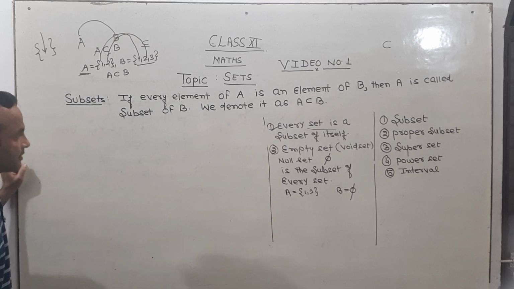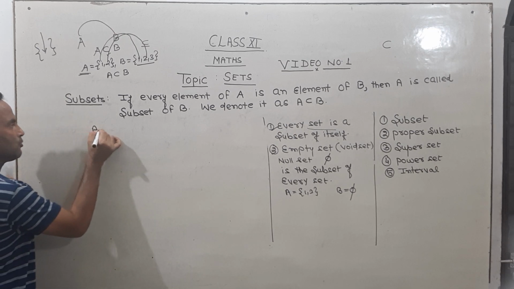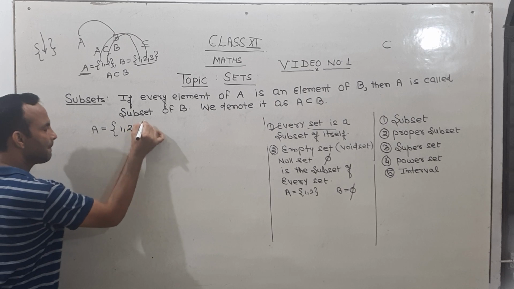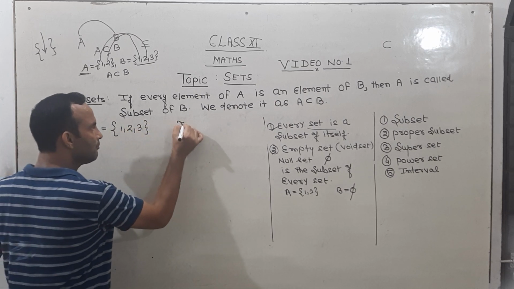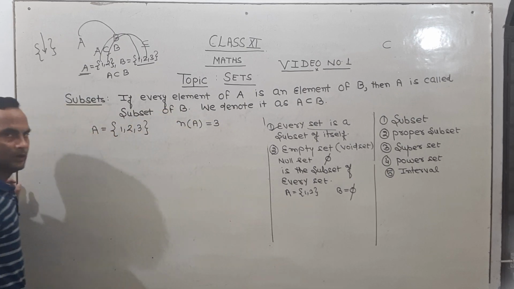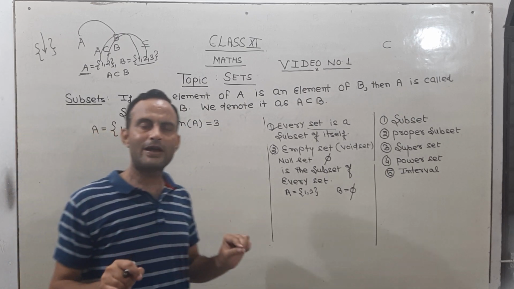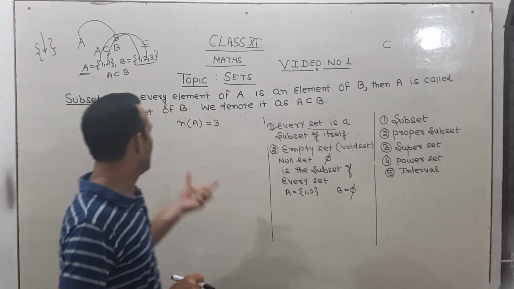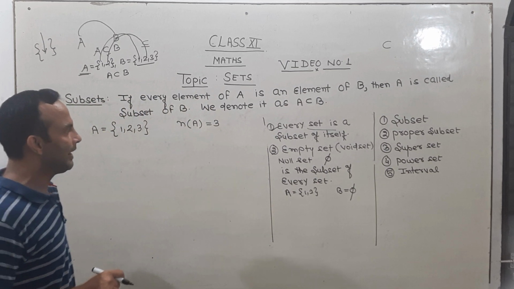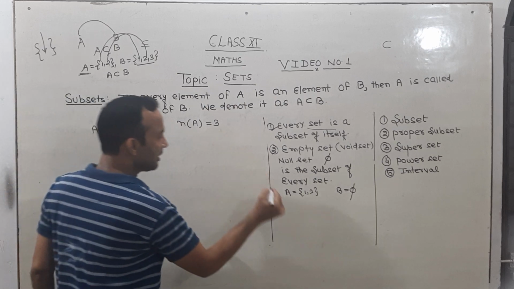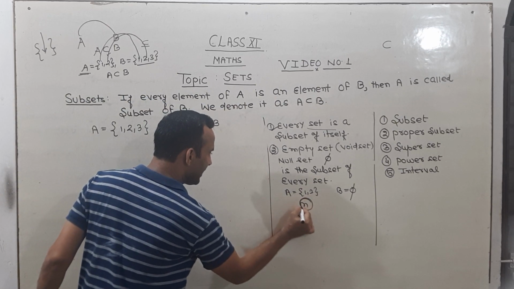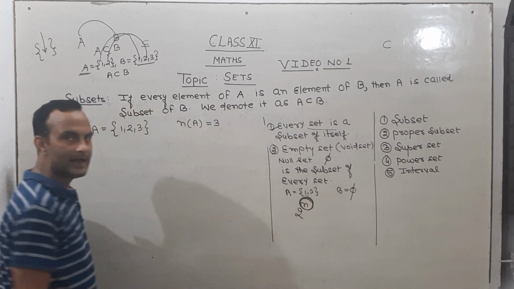Okay. See. Let us suppose that set A is equal to 1, 2, 3. Cardinal number of set A is equal to 3. Cardinal number means number of elements present in the set. So here number of elements present in the set is 3, and we know that total number of subsets is what? 2 raised to the power n, where n is the number of elements present in the set.